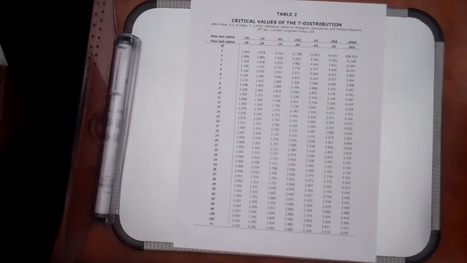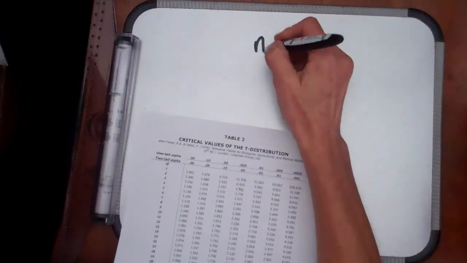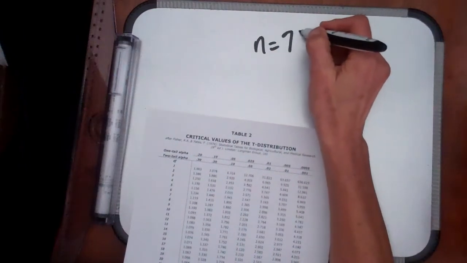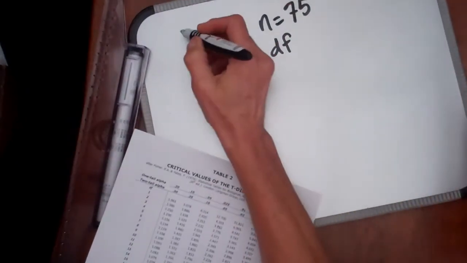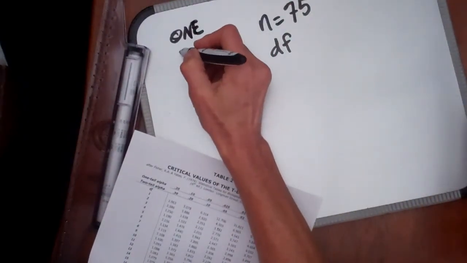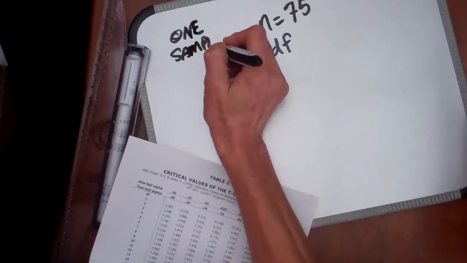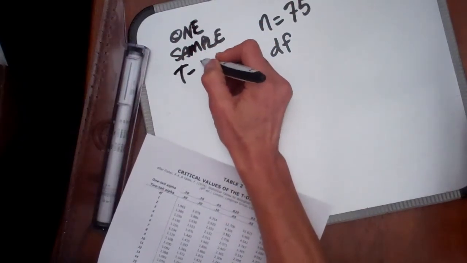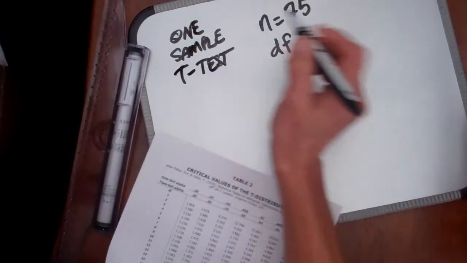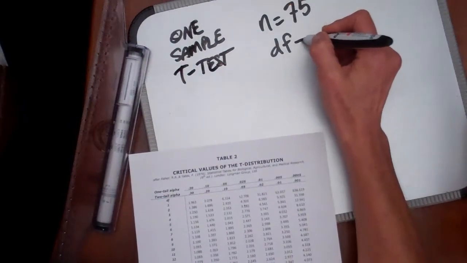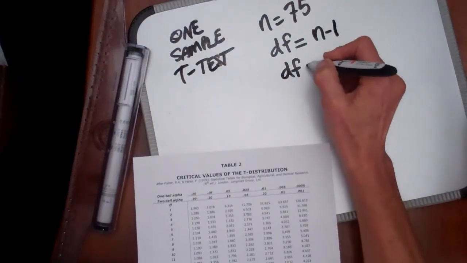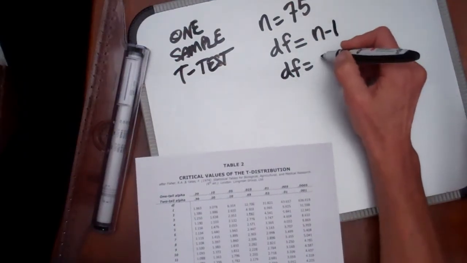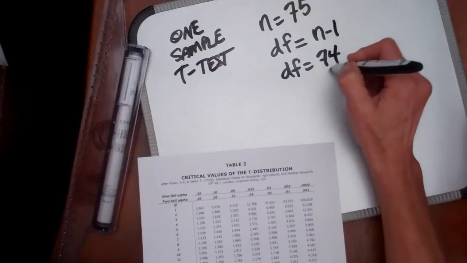If your sample size n equals 75, degrees of freedom for the one-sample t-test is calculated as degrees of freedom equals n minus 1. So if your sample size is 75, degrees of freedom will of course be 74.